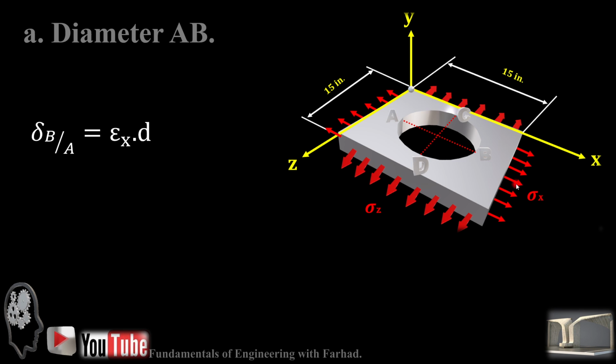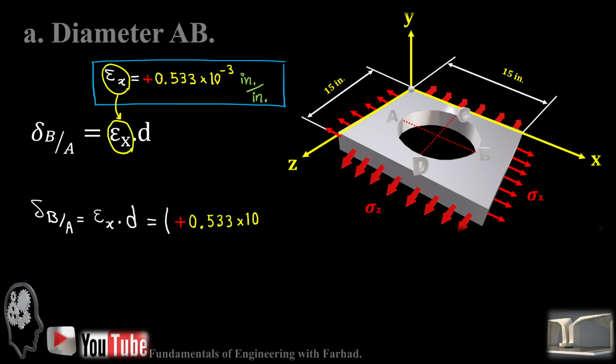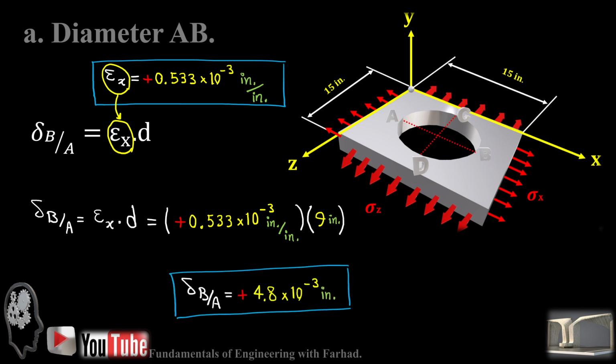So delta AB is equal to epsilon x times the diameter. We already calculated epsilon x, replace it in the main equation, and delta AB is epsilon x times D, and that gives us the numeric value of 4.8 times 10 to the negative 3 inches.